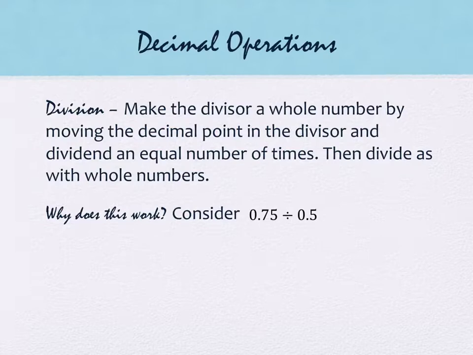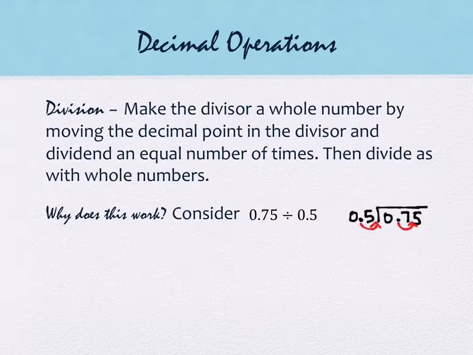Okay, so again, let's do it with that algorithm, and then we'll explain how that works. So if I were setting this up as a division problem, it would look like this. What's being divided is underneath the division bar, and what's dividing by is on the outside. It says I need to make this a whole number on the outside, so I move the decimal point 1 over an equal number of times.